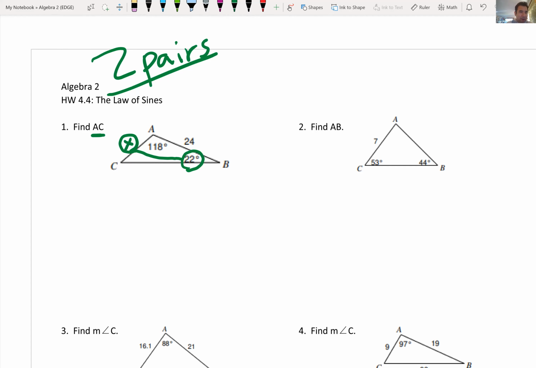For the next pair, we need the angle and the opposite side. Now we've got the angle, but then there is nothing, right? We don't want another variable, y. You can't have 2 variables in the equation. You won't be able to solve it. But where is the second pair?